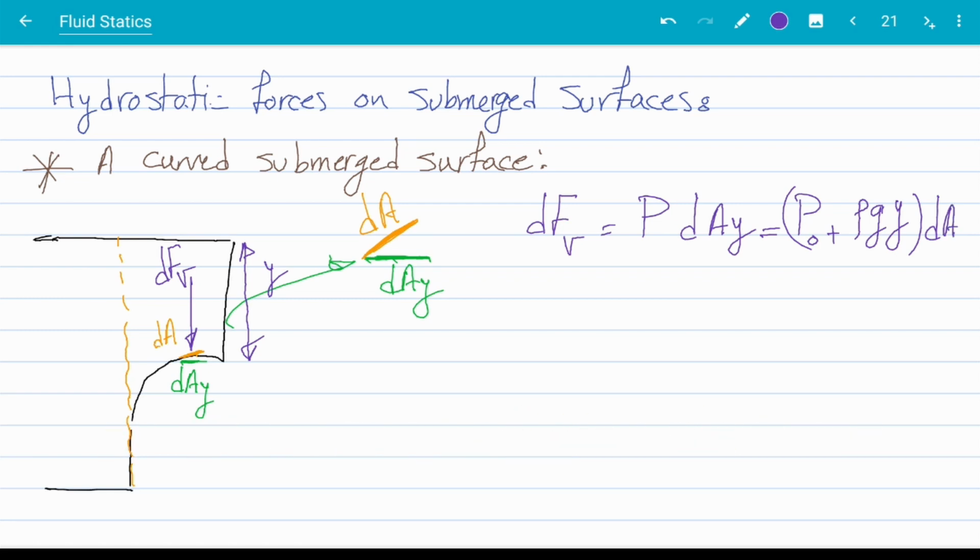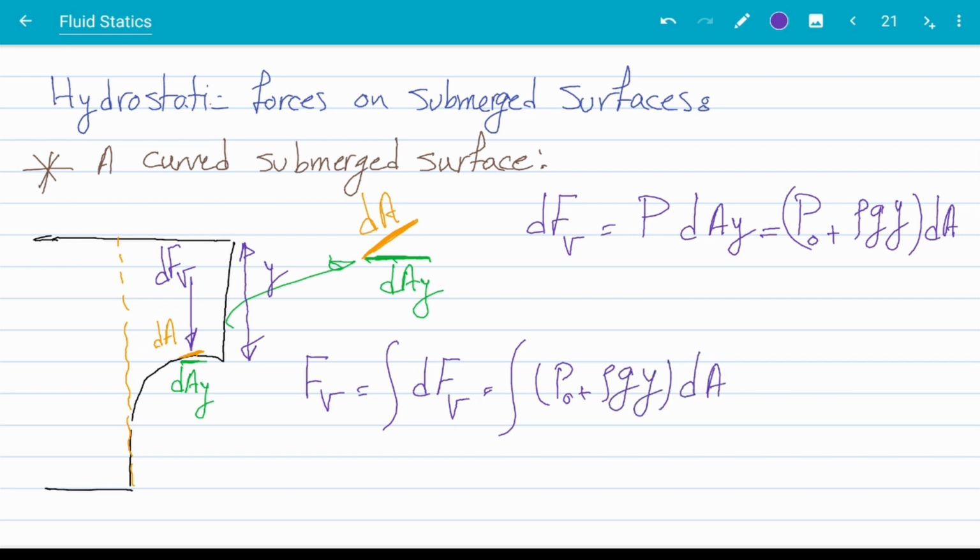So the total vertical force is going to be the integral of dFV, which is the integral of (P0 plus rho g y) dAy.